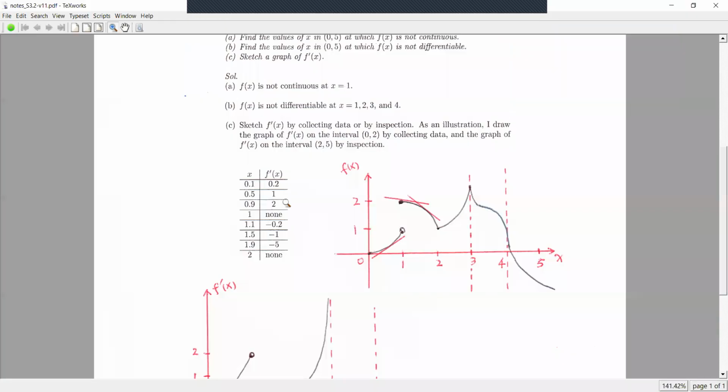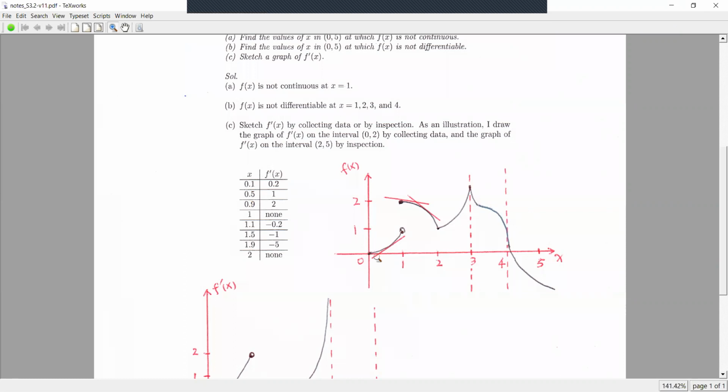I make this table to collect data. Between 0 and 2, I pick these points for x. For the derivative at point 1, it is about here, close to 0.